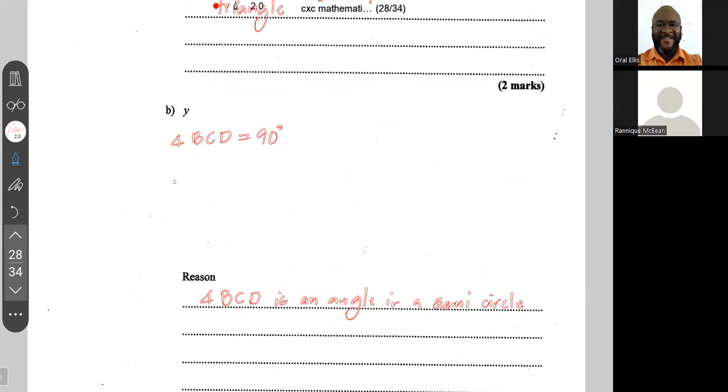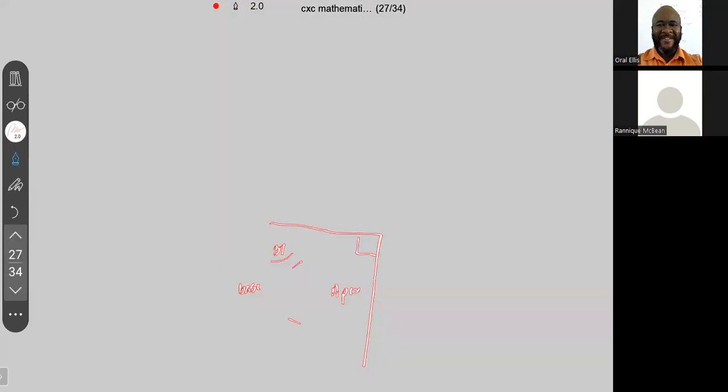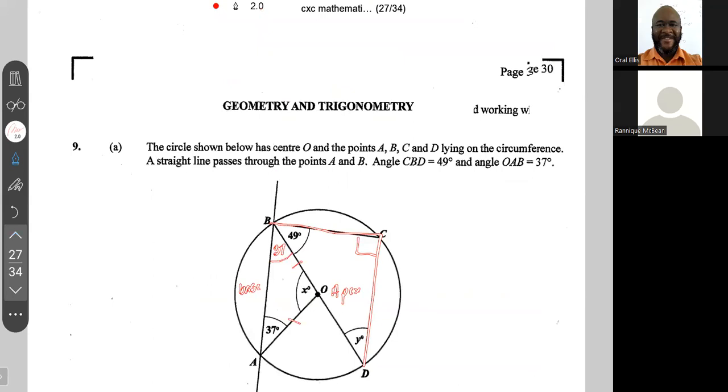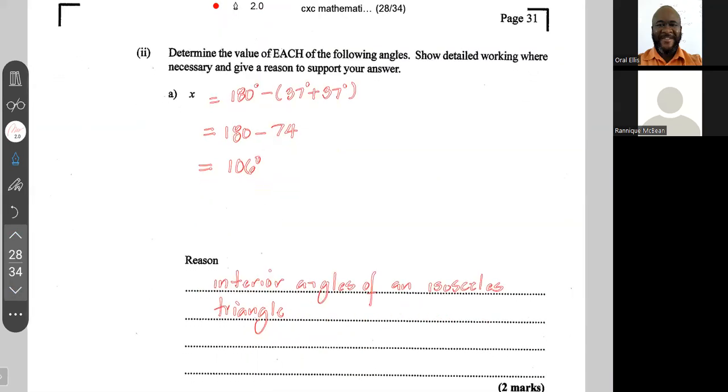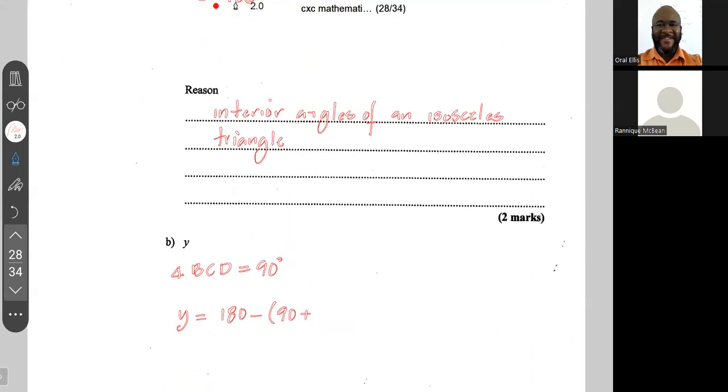So the angle at Y would therefore be equal to 180 minus 90 plus 49.